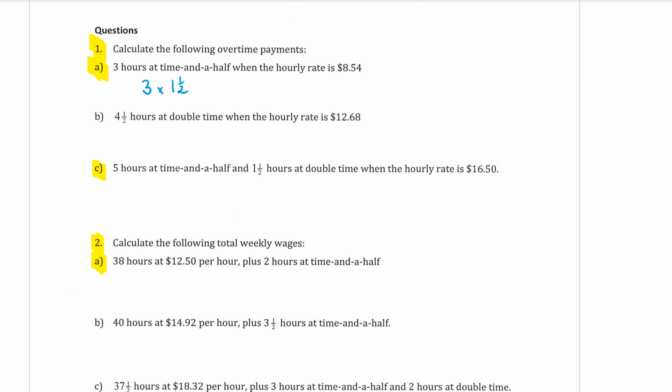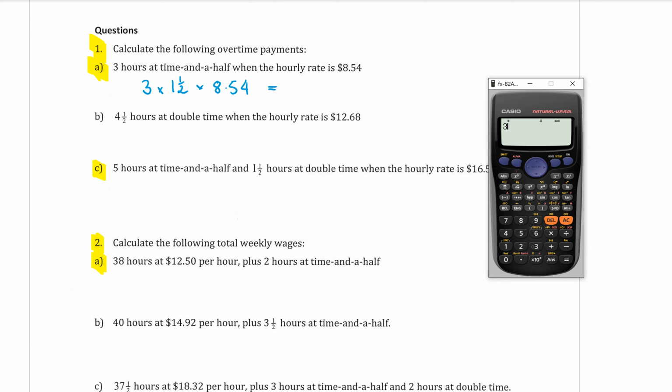So 3 hours at 1.5, and we want to times that by their hourly rate of pay, $8.54. If we times all of that together, we work out how much they earn. 3 times 1.5 times $8.54. And they get $38.43.